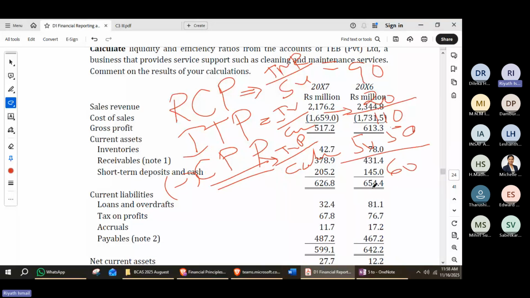So the cash conversion cycle is 60 days. So this is how we can find it.